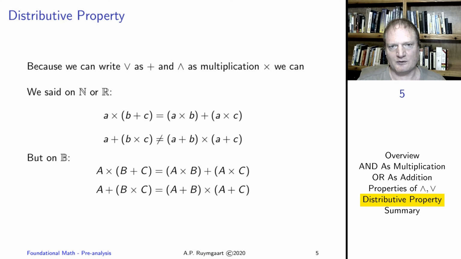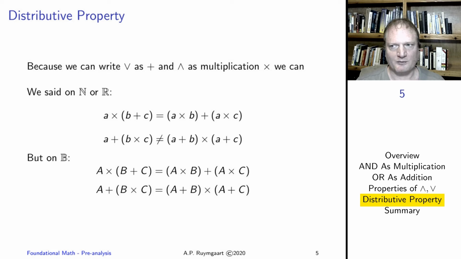So we know in natural numbers that multiplication distributes over addition. So a times (b plus c) equals a times b plus a times c. This is not true for addition on natural numbers. a plus (b times c) does not equal (a plus b) times (a plus c).